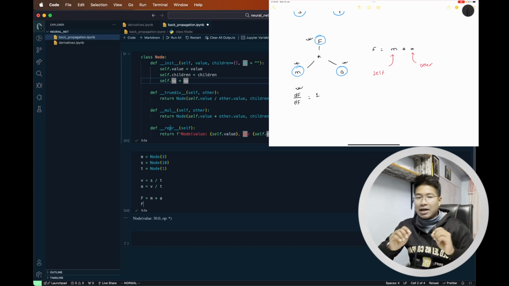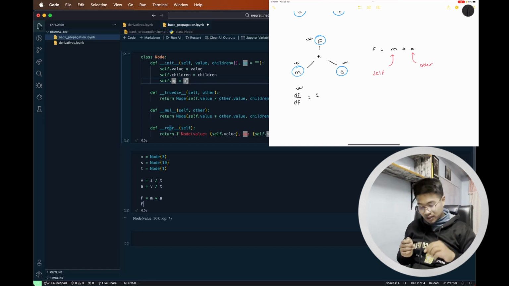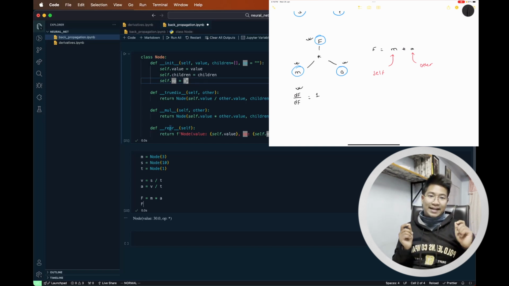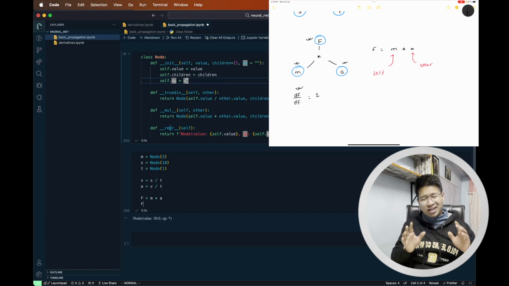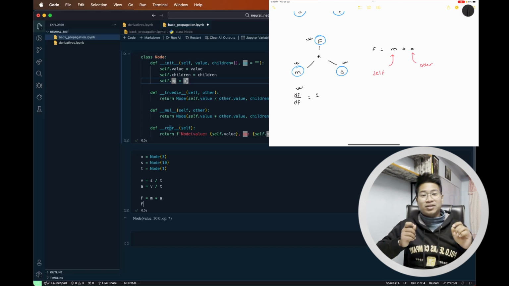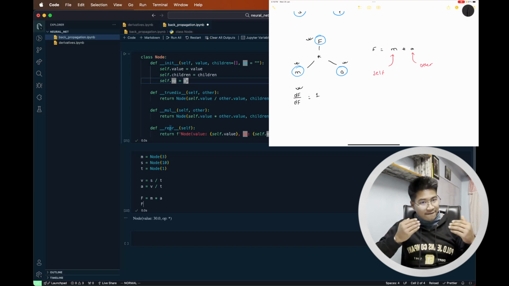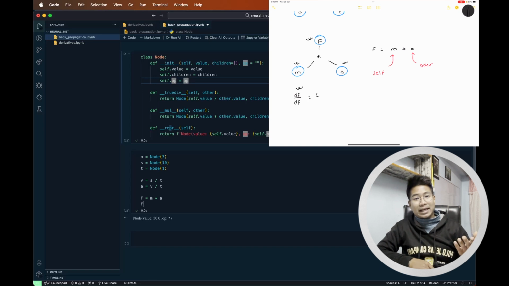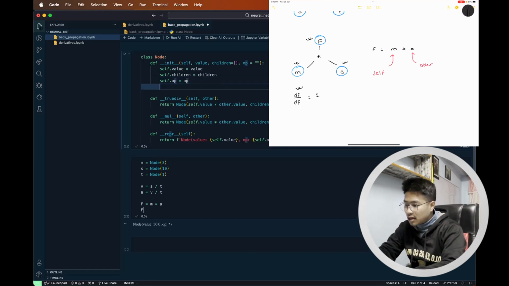Now I'm going to introduce a new term. Instead of talking about derivative, I'm going to call the derivative a gradient. It's not a big confusion. Whatever value we get after we compute the derivative, we're calling the gradient. It's just a name.